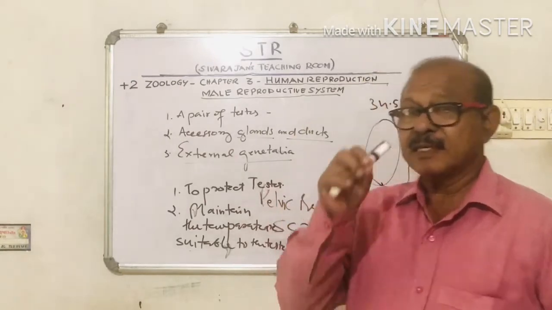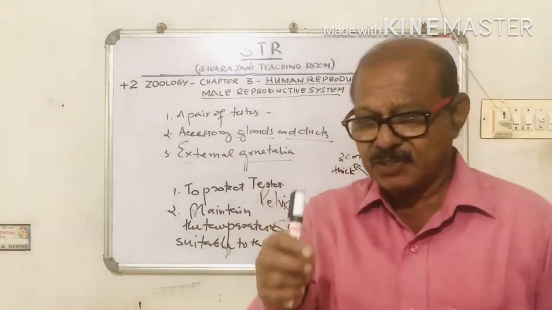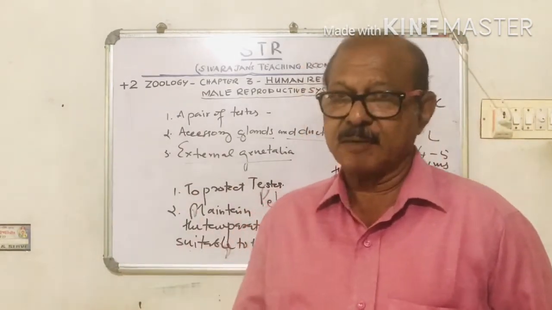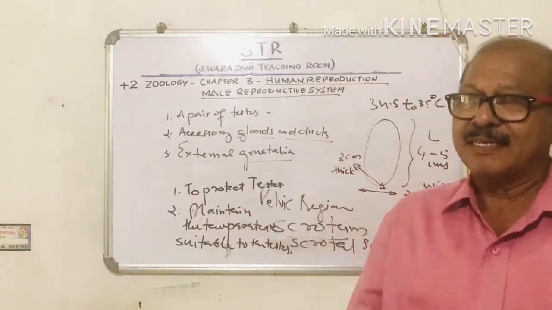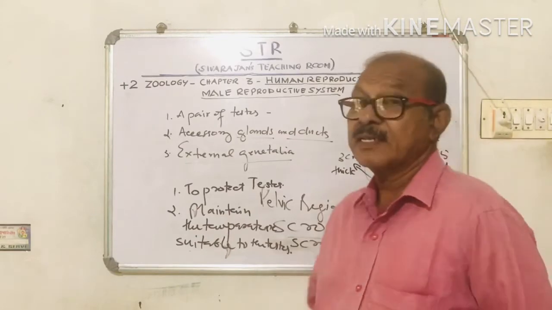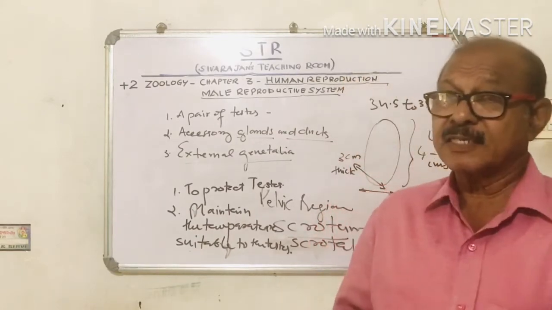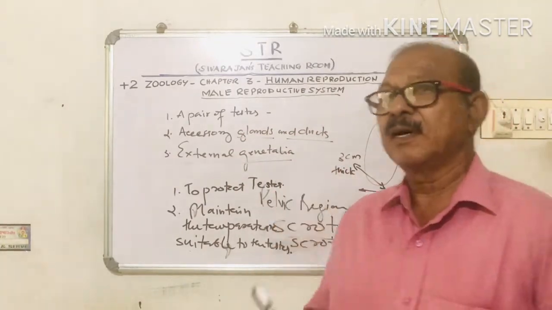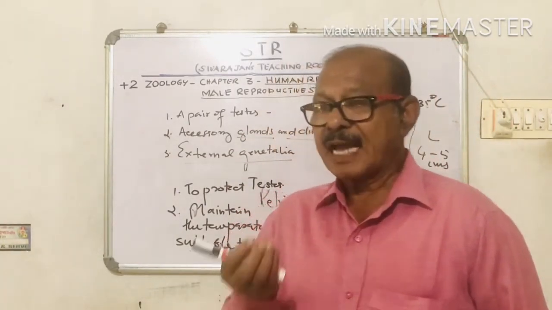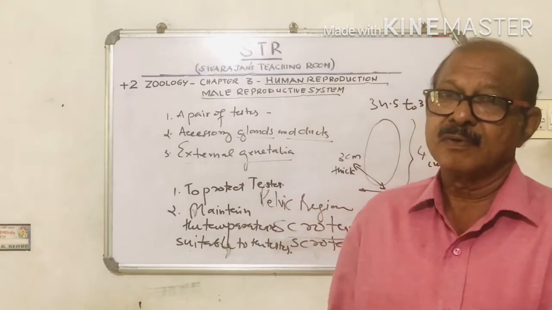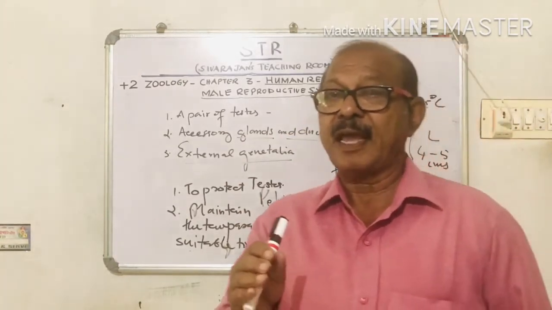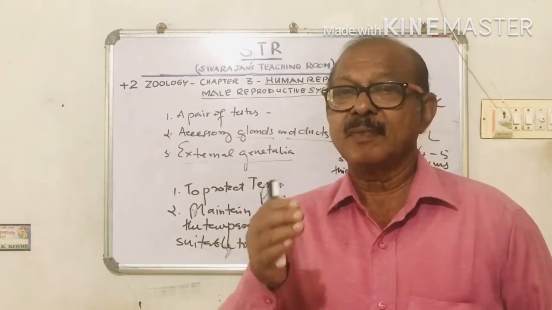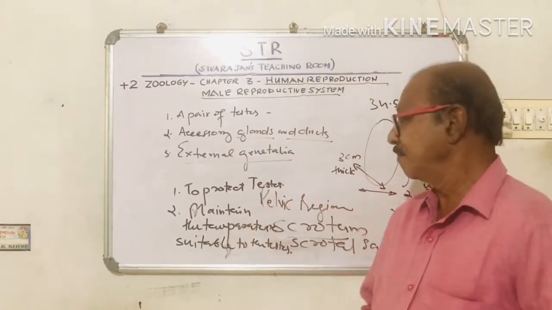If you see the scrotal sacs of the same child during the noon hours, that means 12 o'clock, 1 o'clock, 2 o'clock, we can see that the scrotal sacs have become loose and the testis is hanging down to keep the testis away from the body. That means to protect from excess heating.